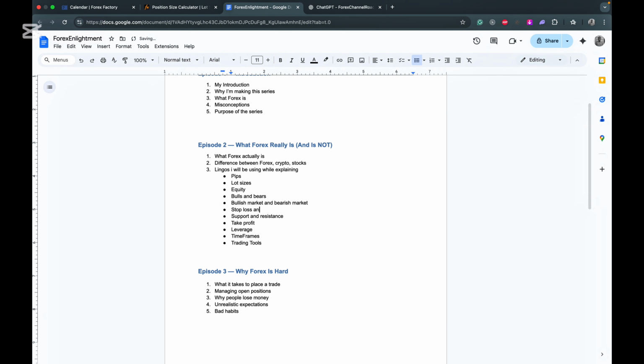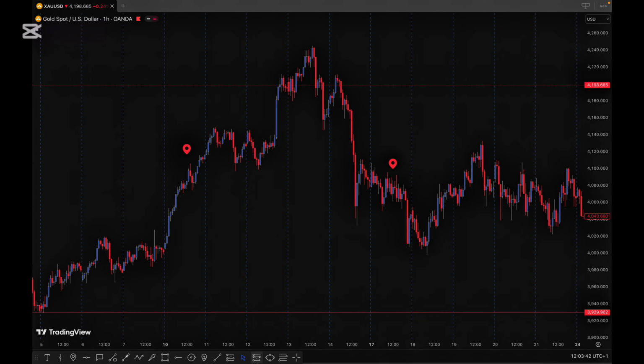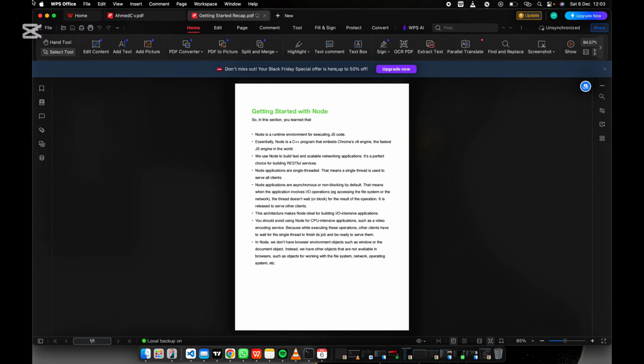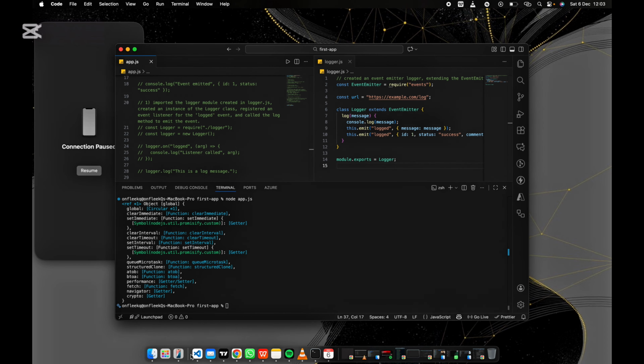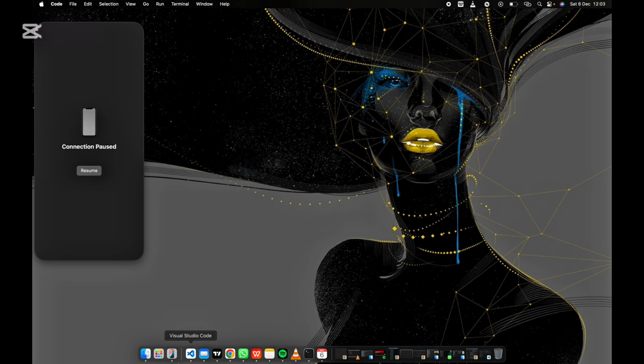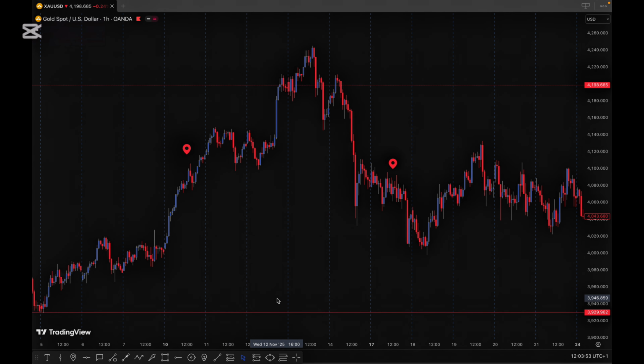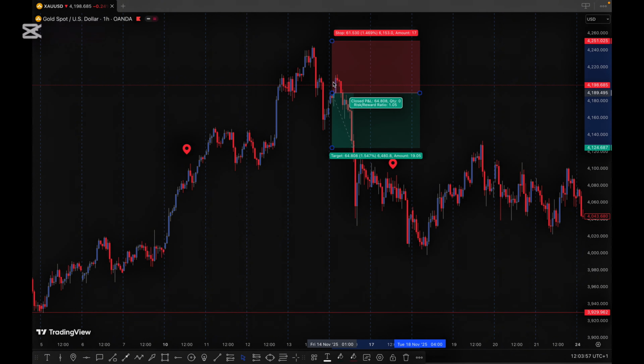And yeah, this should be stop loss and take profit actually, because when you're in a trade you're anticipating profit. So yeah, when you are selling or when you are buying, of course you want to make profits.